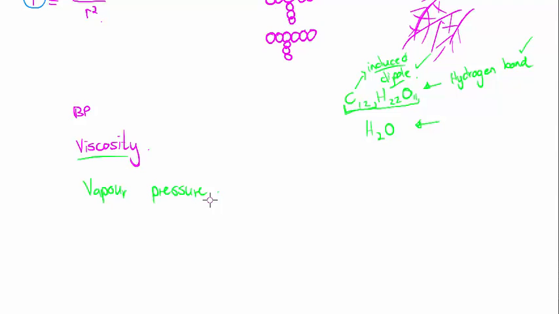So vapor is literally when, on the surface of your liquid, the molecules on the surface only have the molecules right below them keeping them there. So there are fewer molecules keeping them in, and so they might have enough energy to escape, causing vapor.